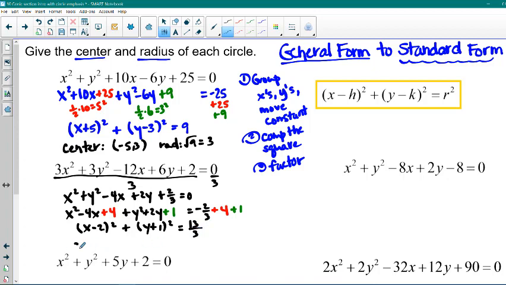So our center is located at 2, negative 1, and our radius is the square root of 13/3. And if we rationalize that, we get square root of 39 over 3. And if we were going to graph that, we would certainly want a decimal approximation to be able to help out.